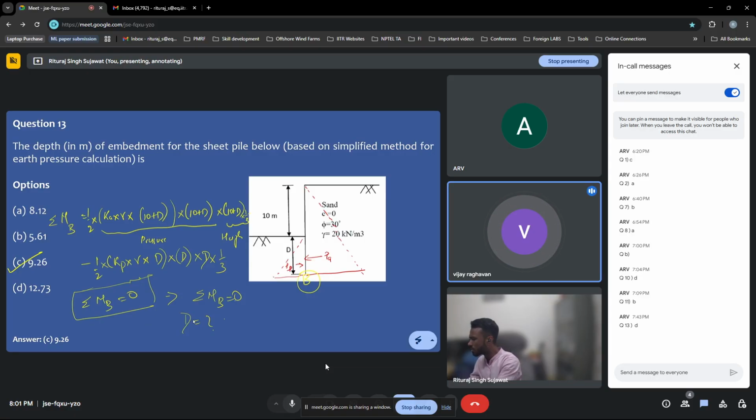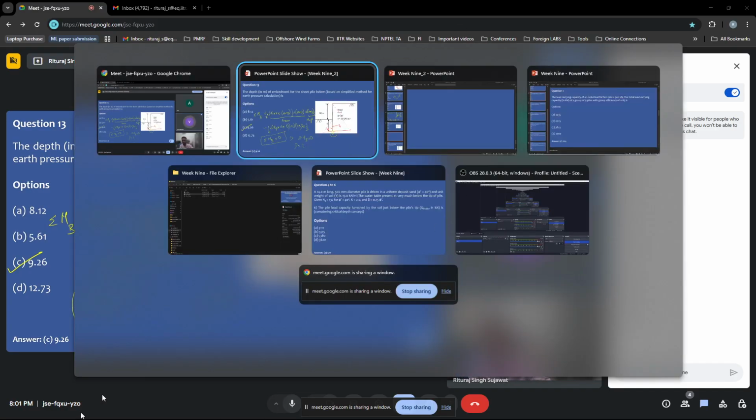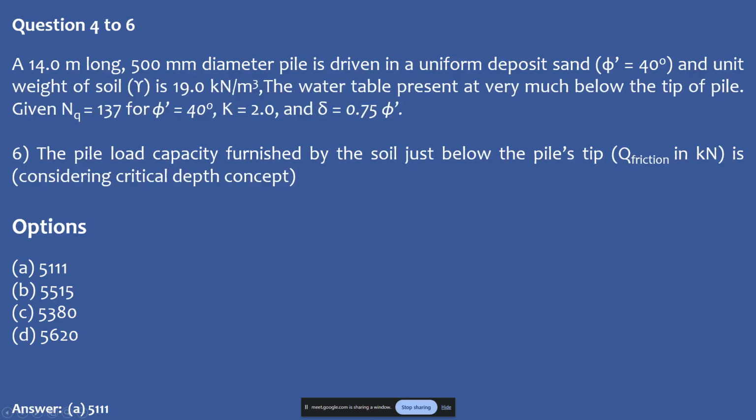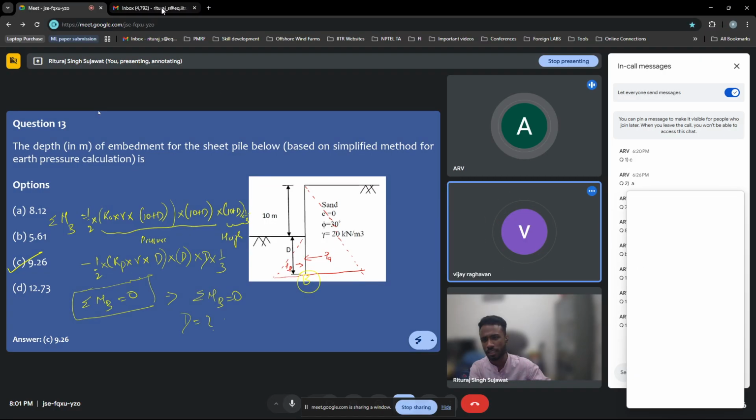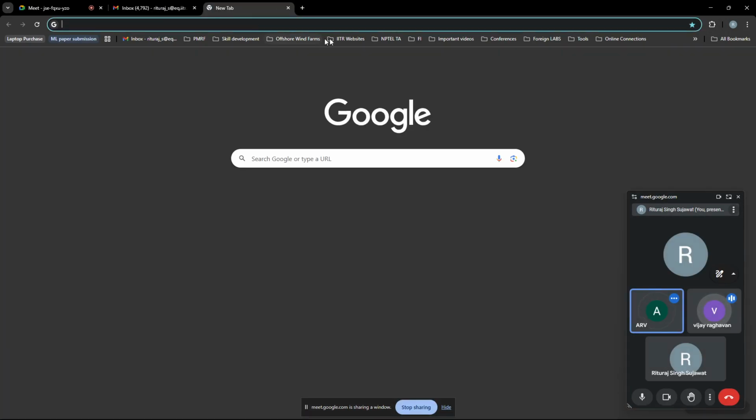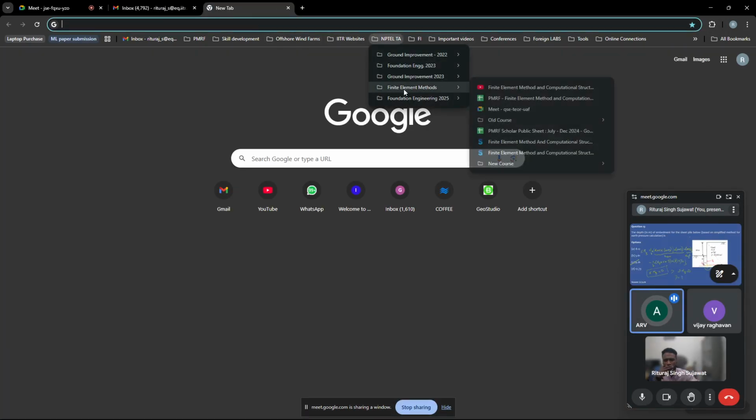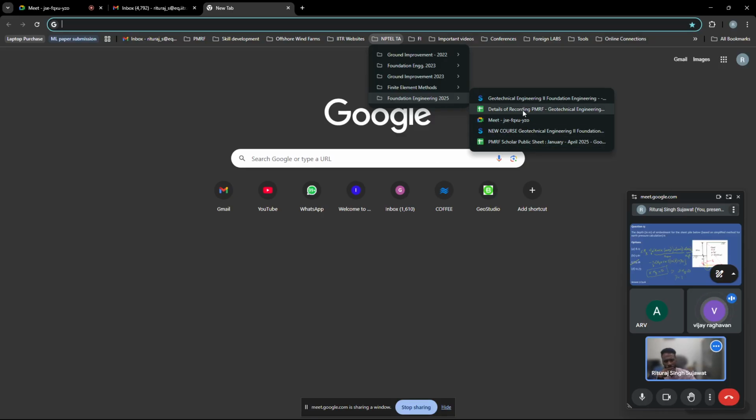In this week's assignment 9, and week assignment 10, similar topics are there, sir. Let me check. Almost similar, there might be overlapping of the topics, I guess. Pile group efficiency is already in the lecture.